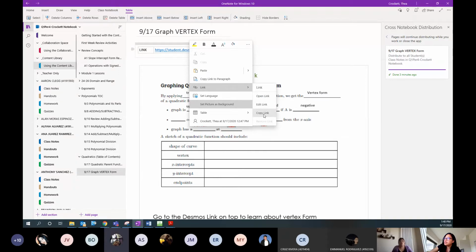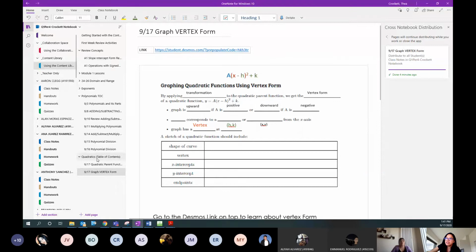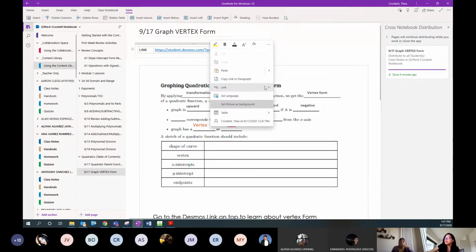You're glitching out. Do you see my screen? Kind of. Not really. Okay. So the 917 here, the second 917 in the table of contents, you open that, and then there's a link on top. You right click the link, and then if you want it to be in Chrome, you have to copy the link.